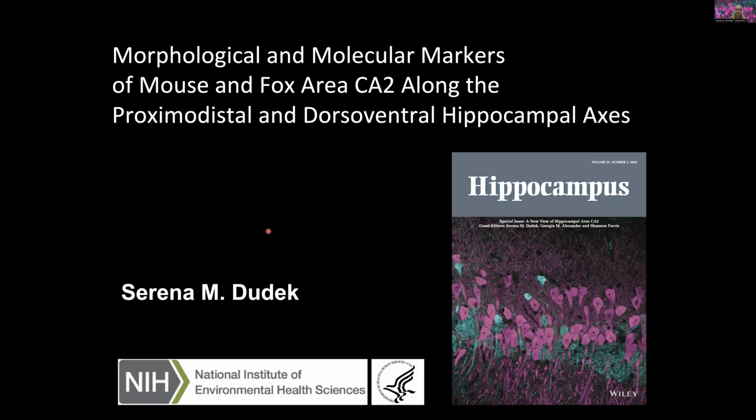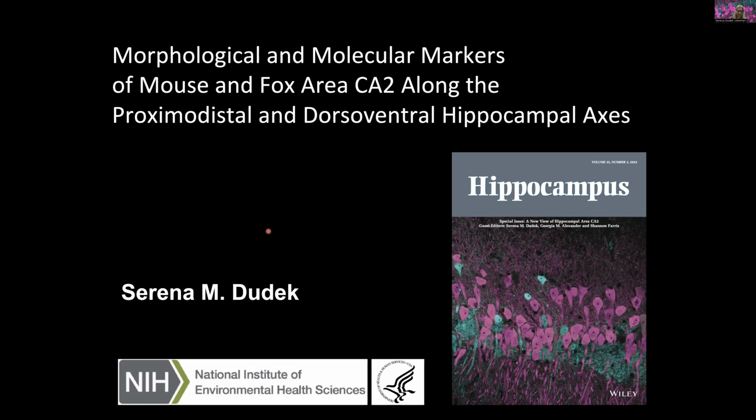We took on the proximodistal and dorsoventral axes because it was something that hadn't been done. But also, for those of you who are not currently working on CA2, I thought this would be particularly useful in how most of us are defining it.